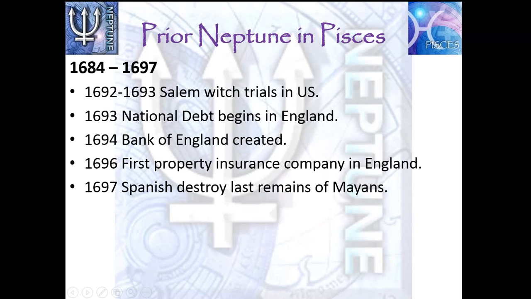Now the next cycle was 1684 to 1697 when Neptune was next in Pisces. Looky here, the Salem witch trials in the U.S. came 1692, 1693. There is a theory that some of these witch trial origins were the grains having a fungus on them that, if you ate the grains, would put you on a pretty bad trip, let's say.